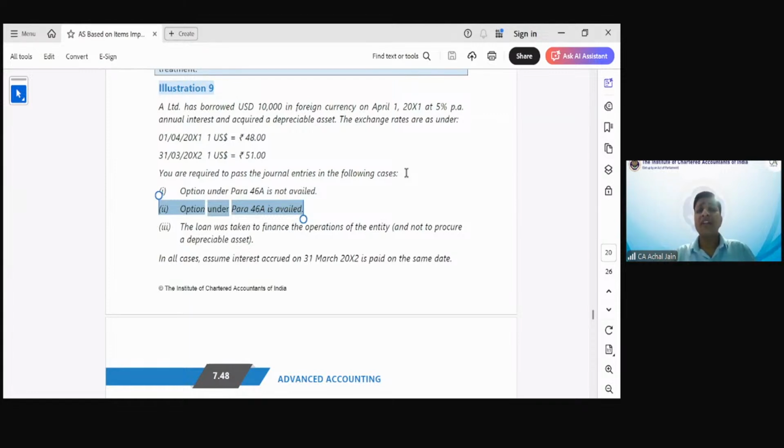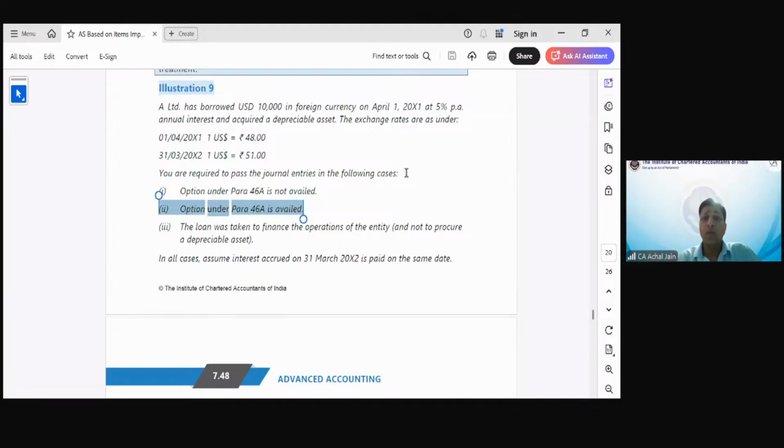So if para 46A is availed, then you will not take the exchange difference to P&L. Then you are left with only 2 options. Number 1, you will capitalize that with the cost of the PPE. Number 2, you will park it to an account, foreign currency monetary item translation difference.